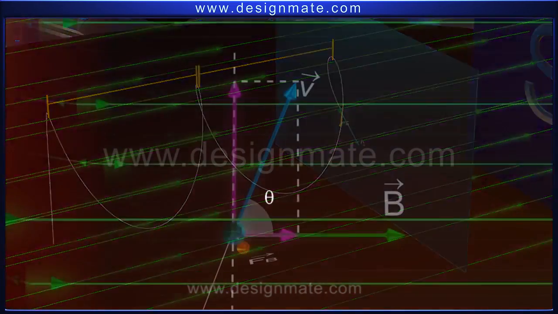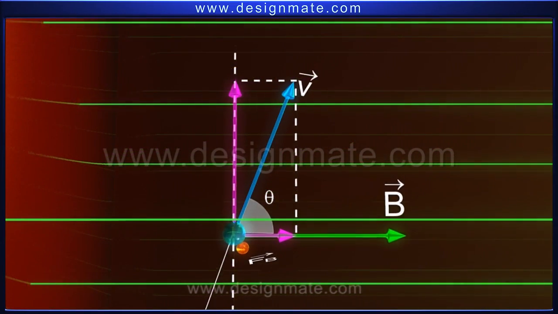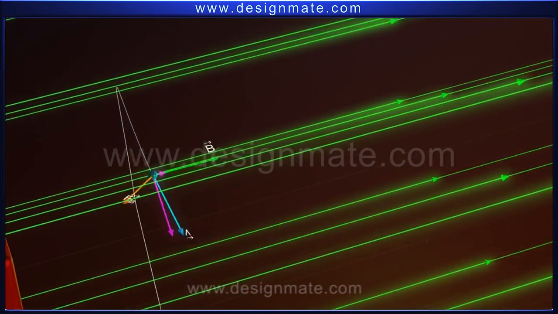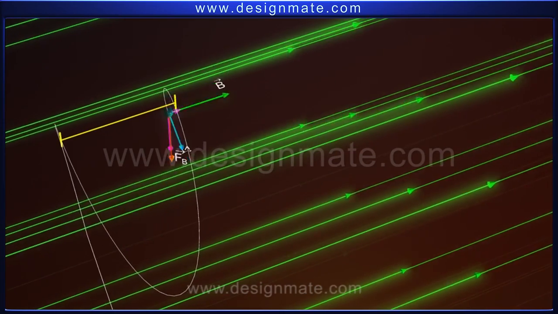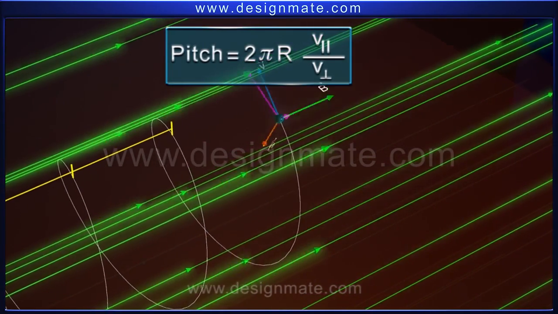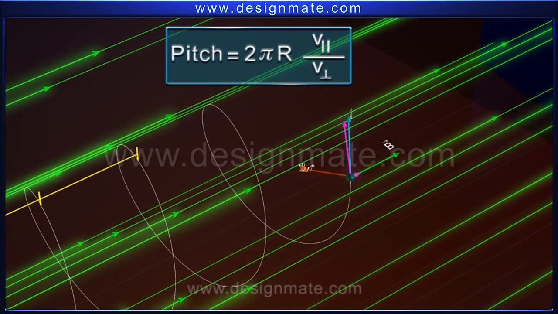As the angle theta between velocity and magnetic field increases, the pitch of its helical path decreases. The pitch is given by the formula 2 pi r v parallel over v perpendicular.